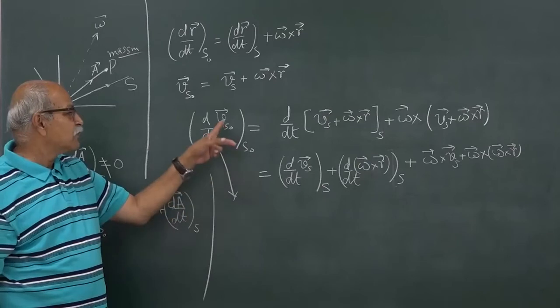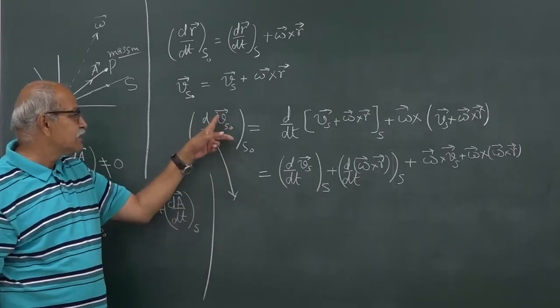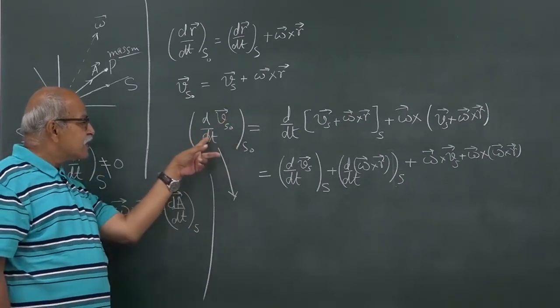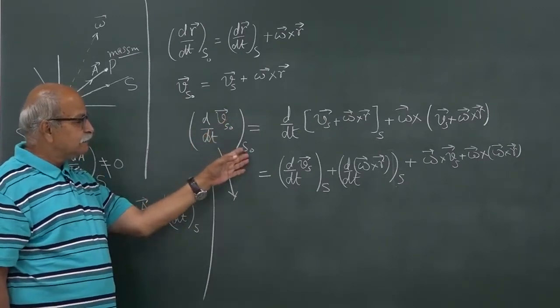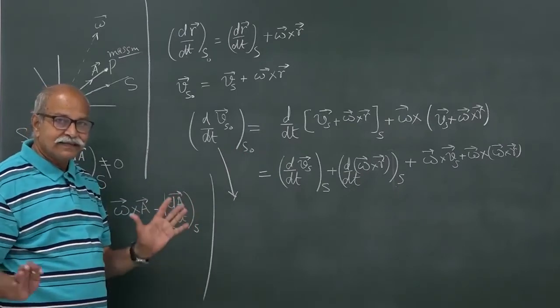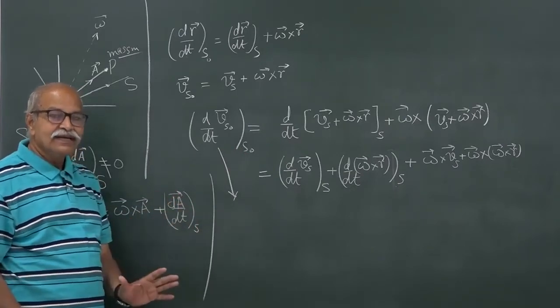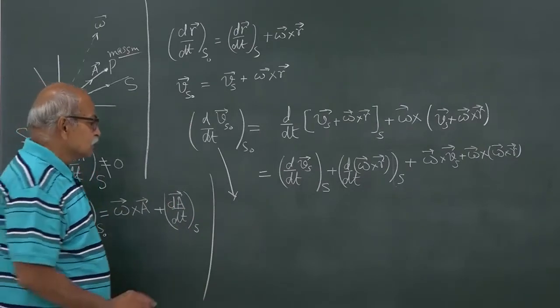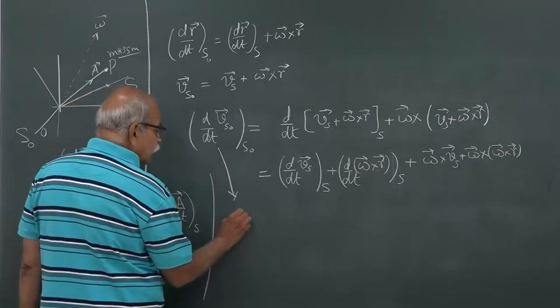We first found the velocity of the particle in S naught frame, and then we differentiated that again in S naught frame. So, very consistently, we are writing the acceleration of the particle in S naught frame, the inertial frame. So, this is A naught.